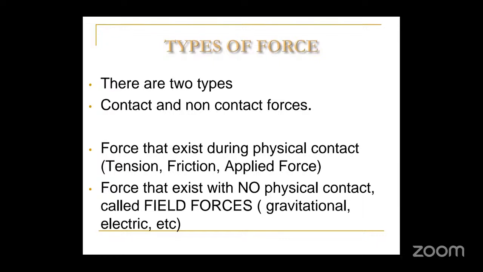When an object is moving forward, there is a reaction force that causes the object to slow down because the force is acting in the opposite direction to the applied force. That tends to slow down the motion of the object. That is friction. Friction opposes motion. And applied force, of course, is the force we apply to make an object move from one position to the other.